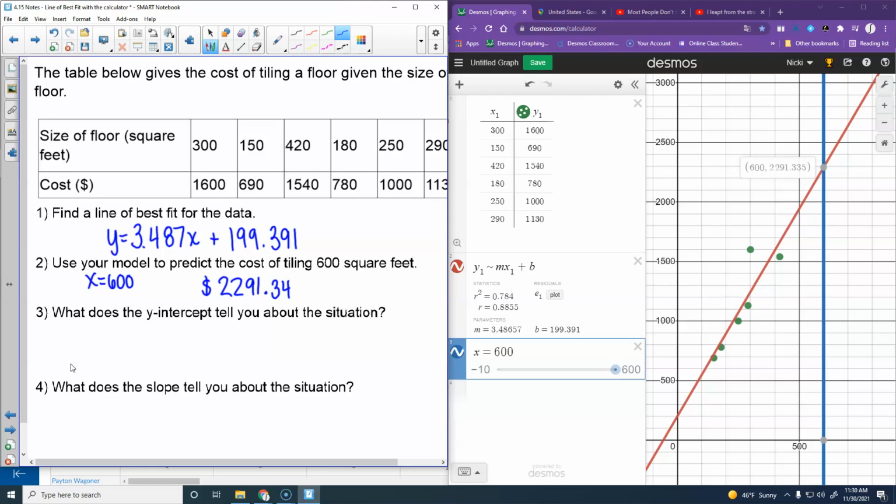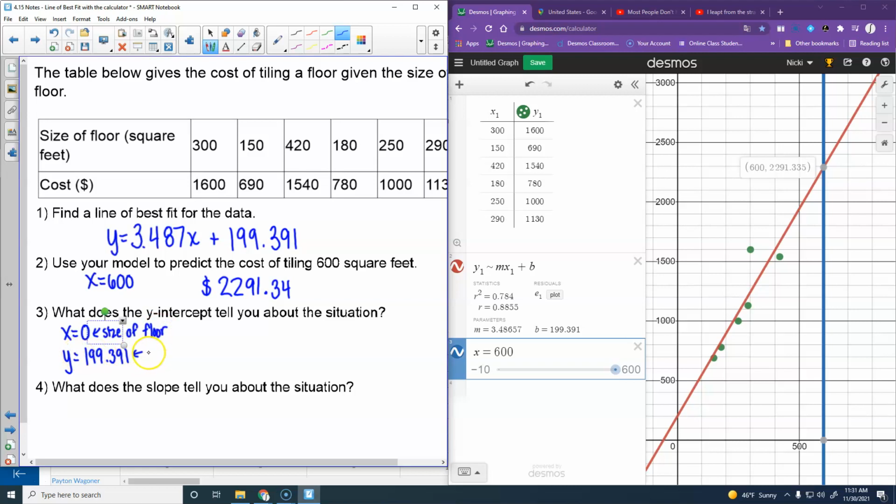What size? Square feet. How many square feet? Would the y-intercept be how much it costs for the company to come out there originally without any square feet? So, when x equals 0, y equals the y-intercept, right? So y-intercept is 199.391. X stands for size of floor.